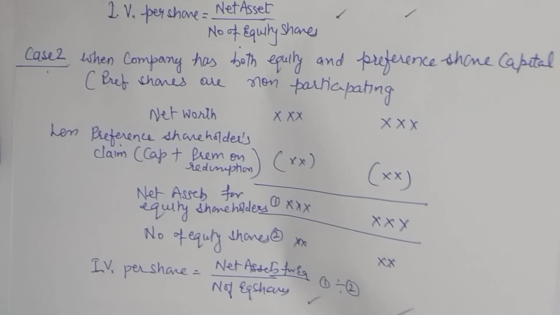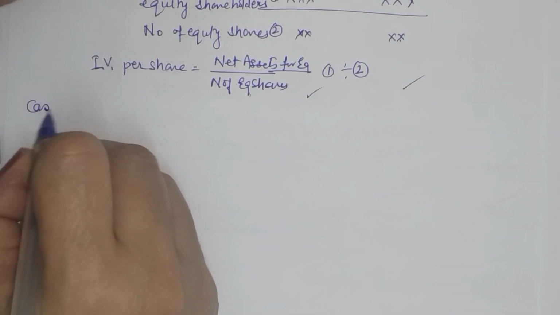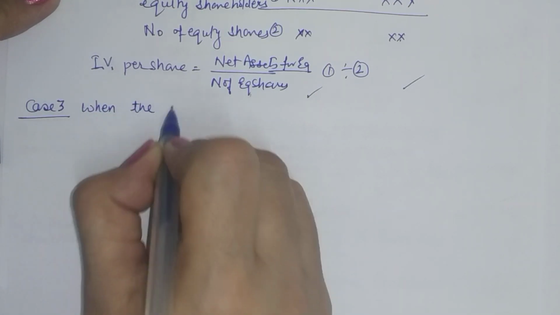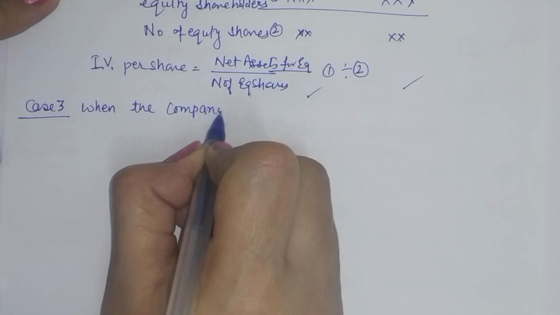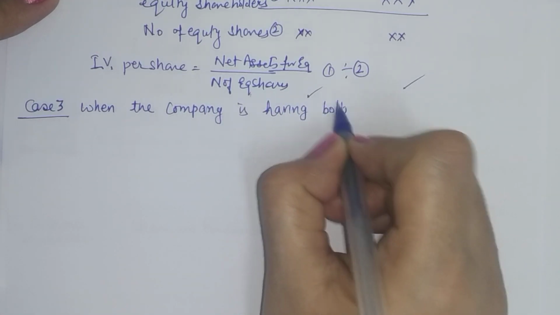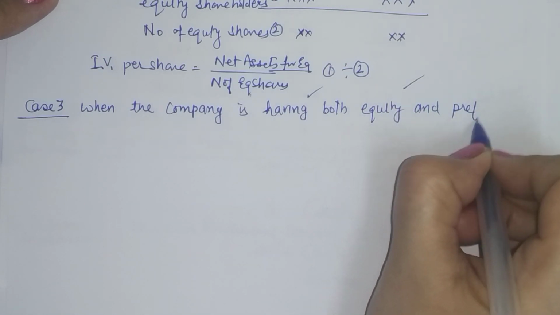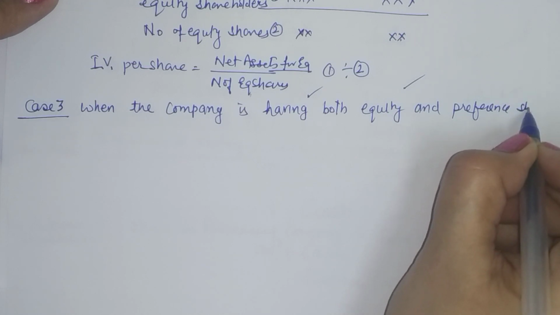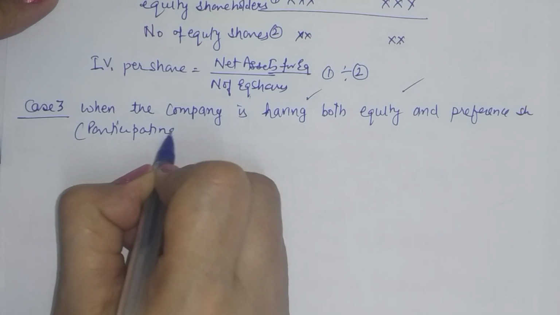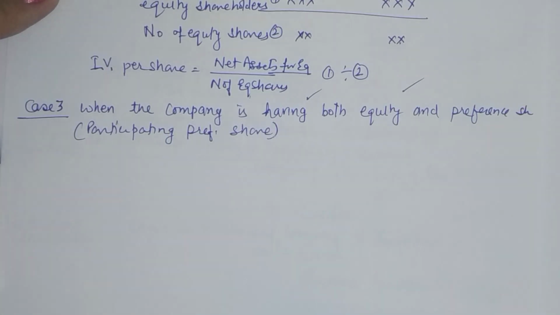However, if our company is having both equity and preference shares, this is a bit delicate case when the company is having both equity and preference shares which are participating in nature. Participating preference shares are those which have a right to participate in the residue.